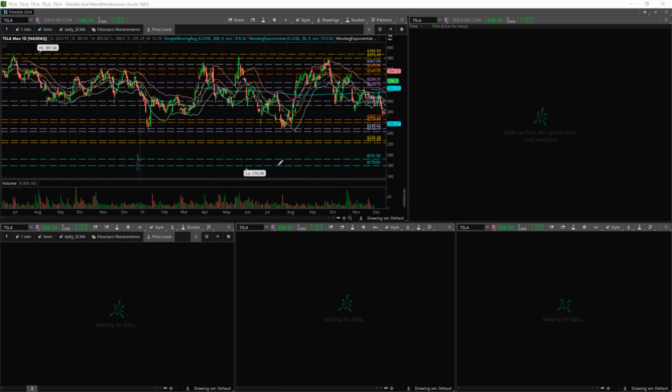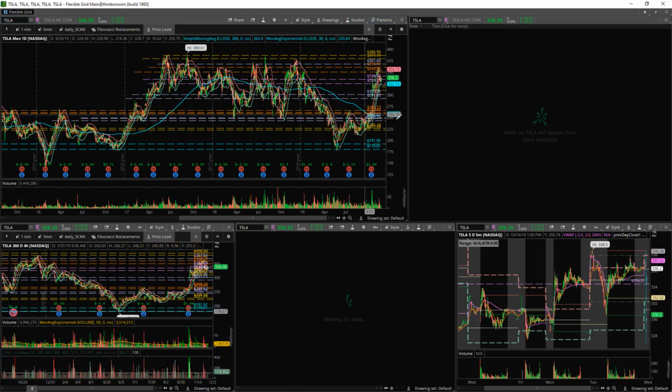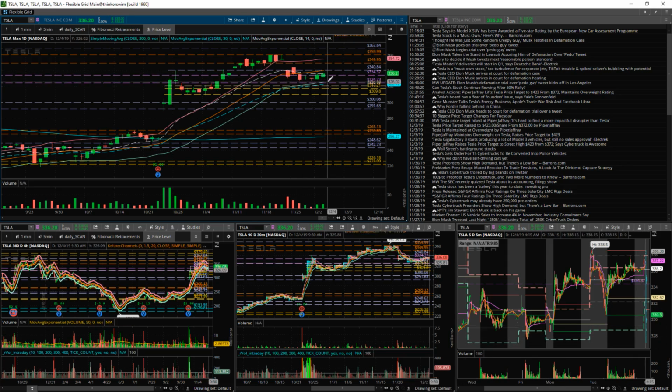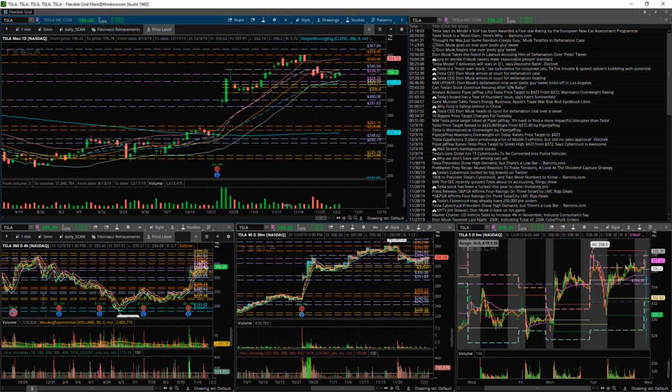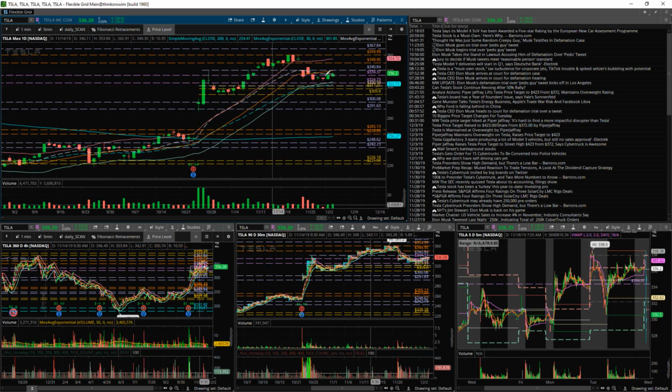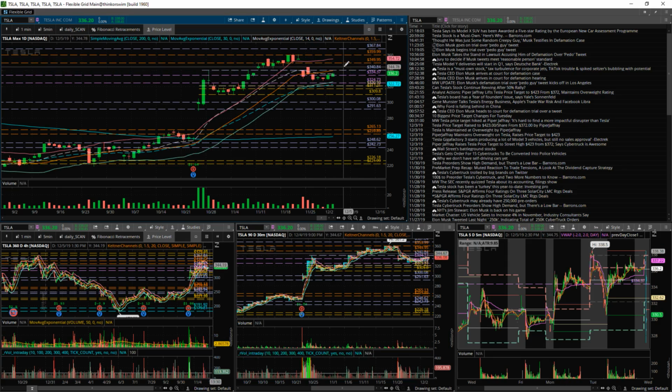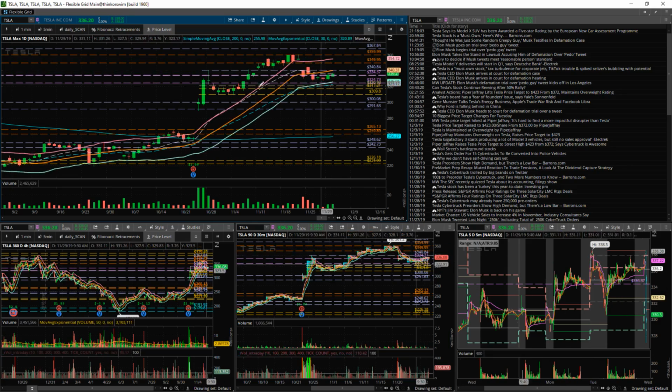Next one, Tesla. I've been slowly, very small, getting long, I think in here and then in here again. Now I'm wanting to see a reclaim of that gap breakout here, the reclaim of the 345, before I consider adding to this long.